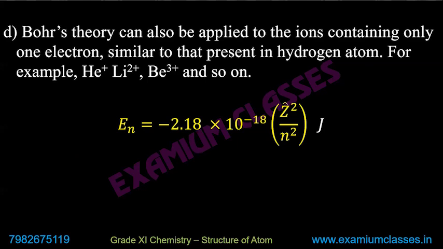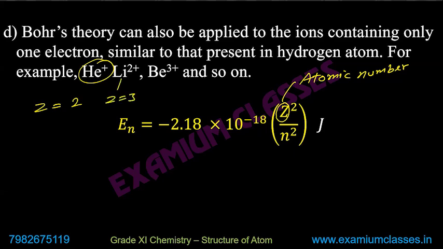Now here you will have Z. It is atomic number. Z is atomic number of the species we are talking about. If we are talking about He plus, Z will be atomic number of helium, that is 2. For lithium, 3. For beryllium, 4.